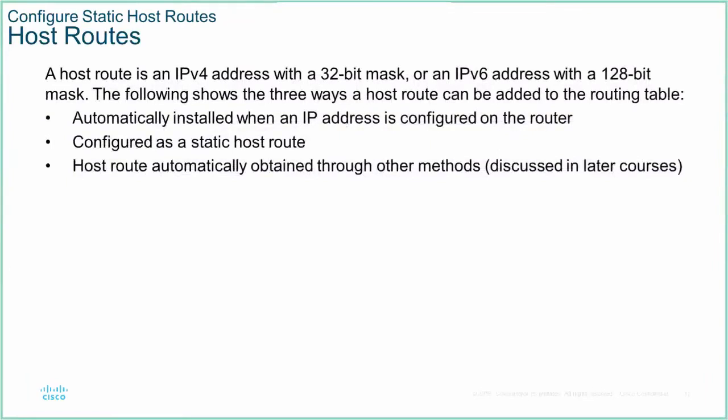And it won't be the next one, just to give you a hint. When we actually look at the third part of the CCNA course, that's where you'll find about these other routes that are automatically obtained.